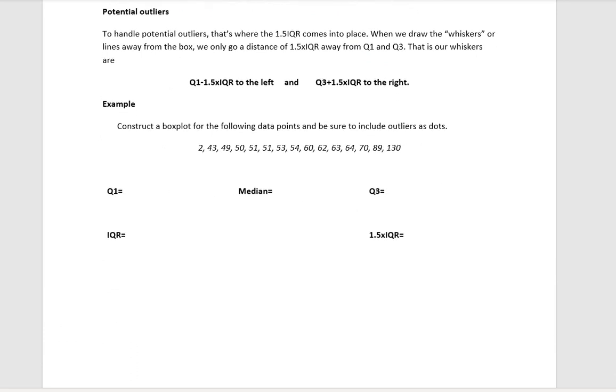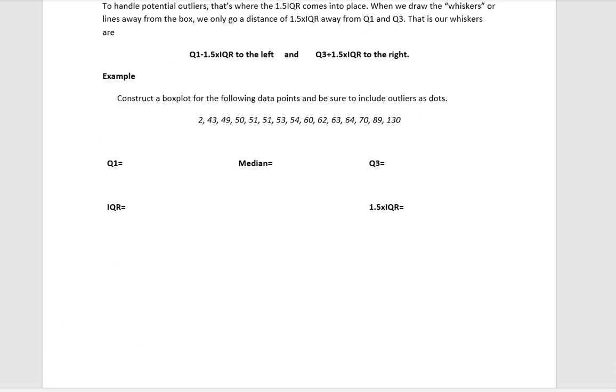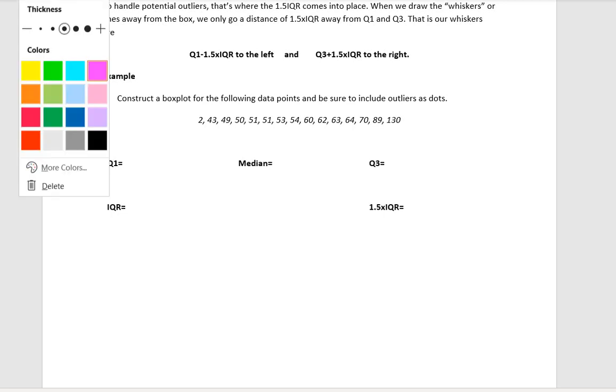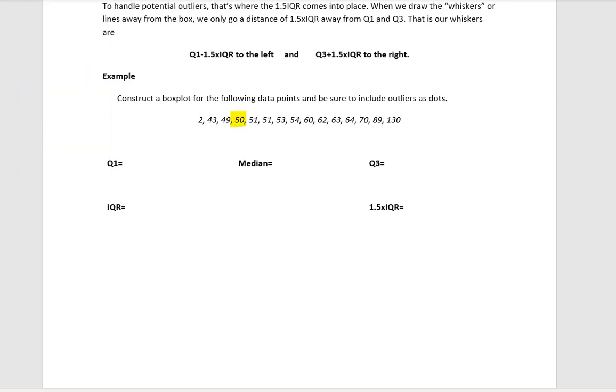Alright, so if you are back and you have checked your work, on the next example, when we find our Q1, Q2, and Q3, what you should have gotten is 50, 54, and 64. Q1 should be 50, which means that 25% of our data is 50 or less.